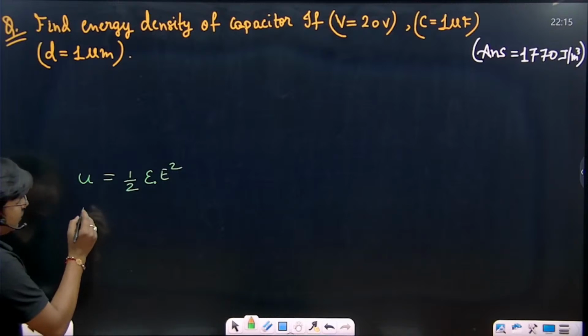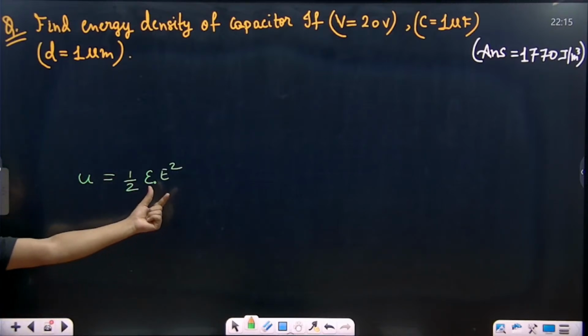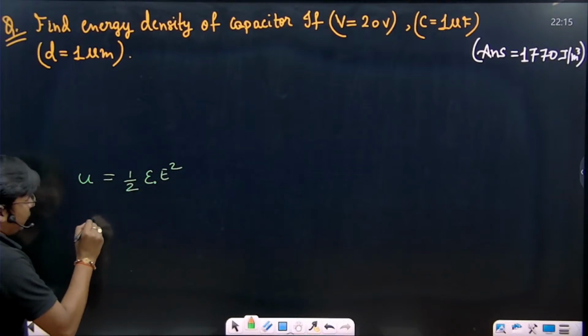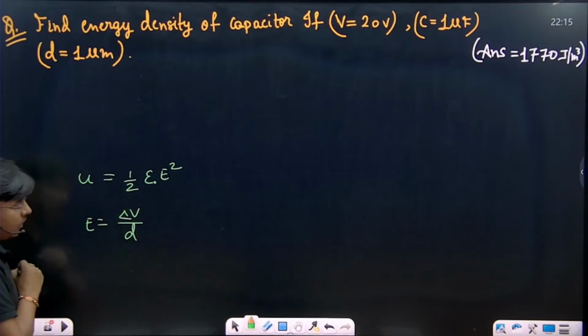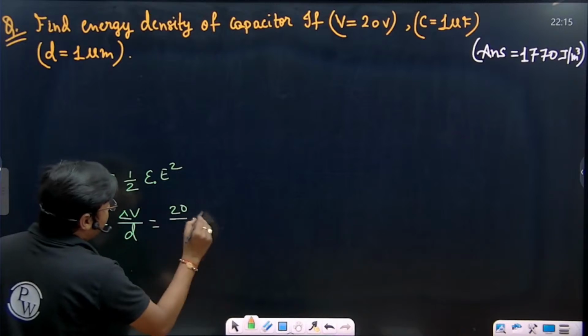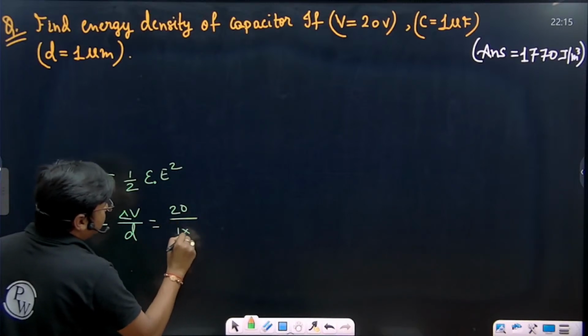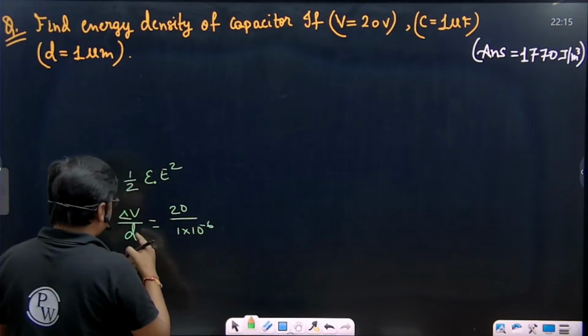We already have the value of epsilon naught, so we need the field. Can I write this field equal to simply delta V by D? Delta V is 20, and D is 1 into 10 to power minus 6. This is E.